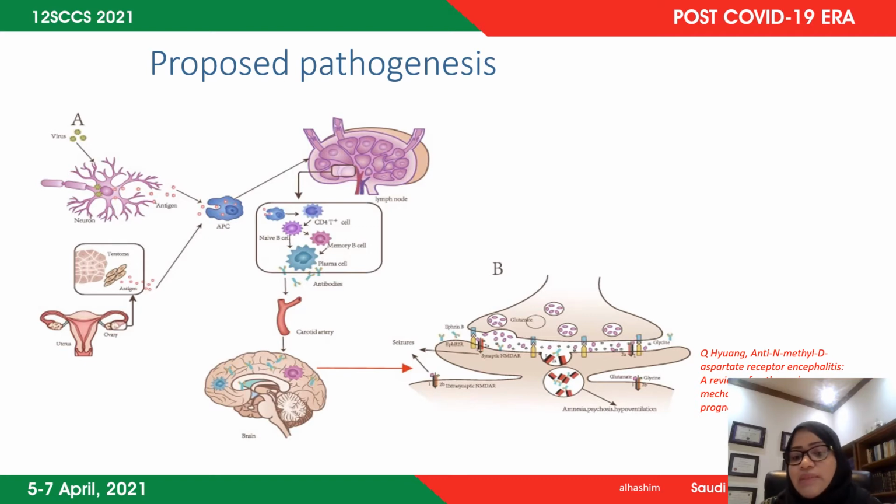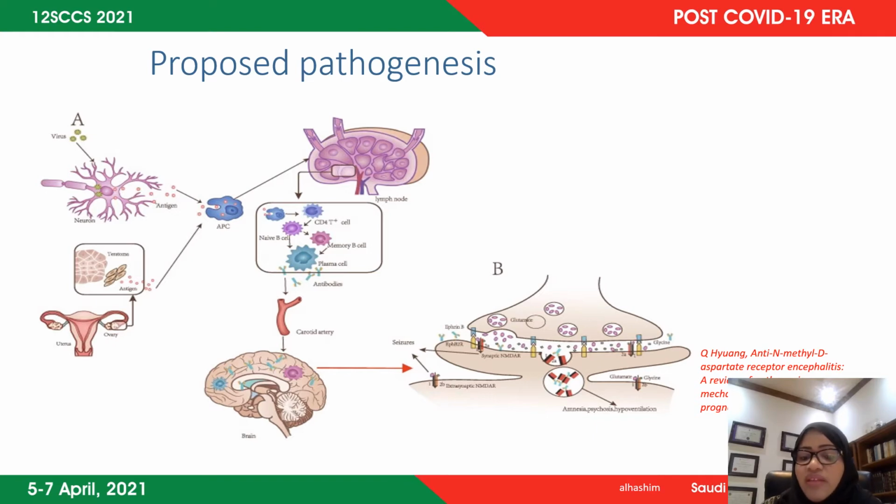then mature plasma cells. Those mature plasma cells that secrete anti-NMDA receptor antibody can circulate in the blood, and then they can go to the brain. And when they go to the brain, they affect the synaptic or extrasynaptic neurons. And in those, when they affect, as we said earlier, those antibodies are pathogenic by themselves.